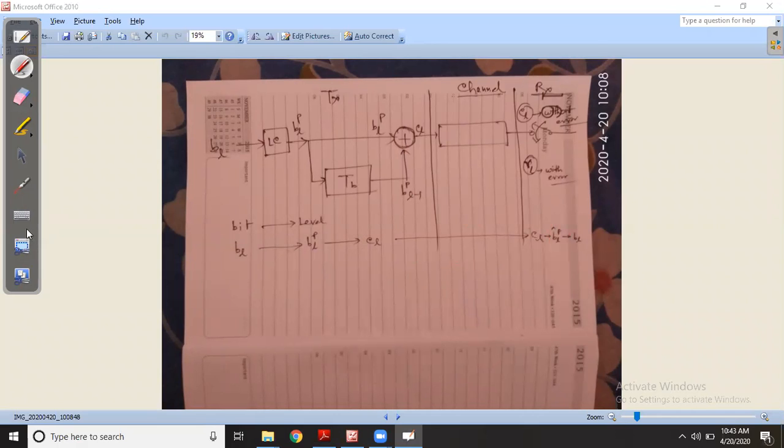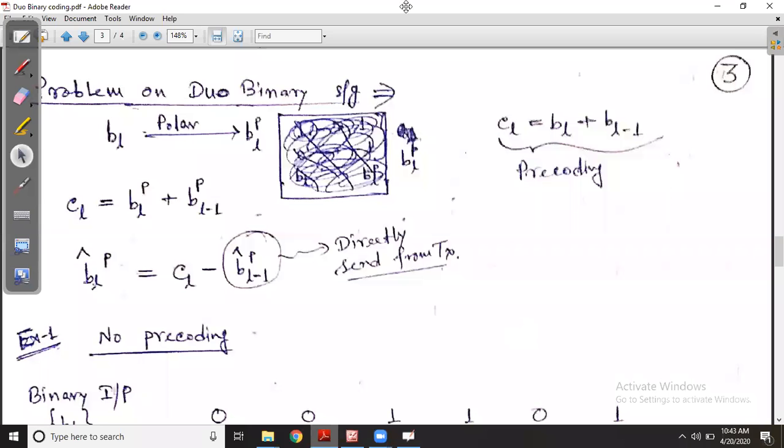Now, how are we getting this BLP? There is a formula: CL minus BL minus 1 P cap. BL minus 1 is nothing but the previous one.